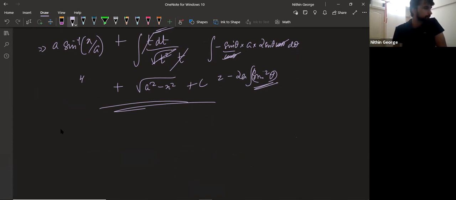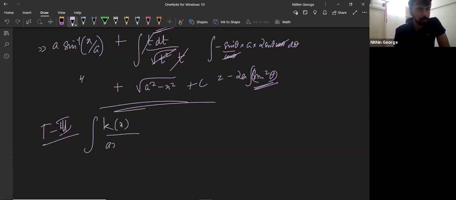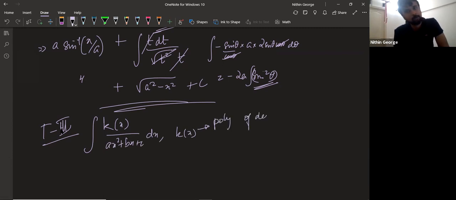Then comes the third type. They're all similar types, okay? Integral of k of x by x square plus bx plus c dx, where k of x is a polynomial of degree greater than 2.